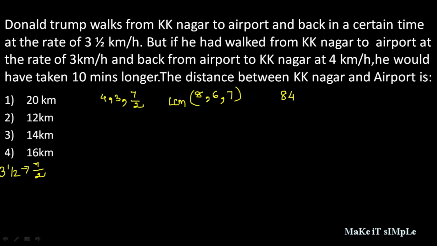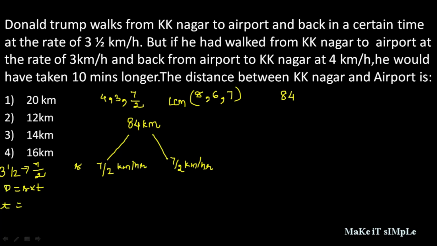So let the distance he traveled be 84 km. In the first case, both going and returning he is traveling at the speed of 7/2 km per hour. Now we all know the formula, distance equals speed into time, so time is distance by speed.